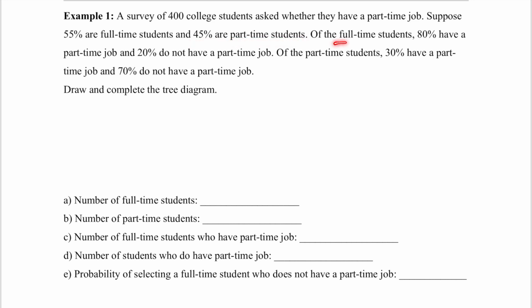Among the full-time students, 80% have a part-time job and 20% do not have a part-time job. Among the part-time students, 30% have a part-time job and 70% do not have a part-time job.